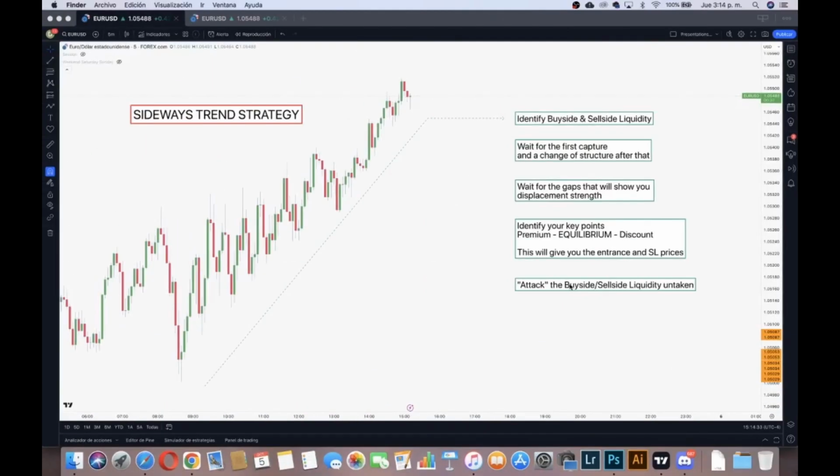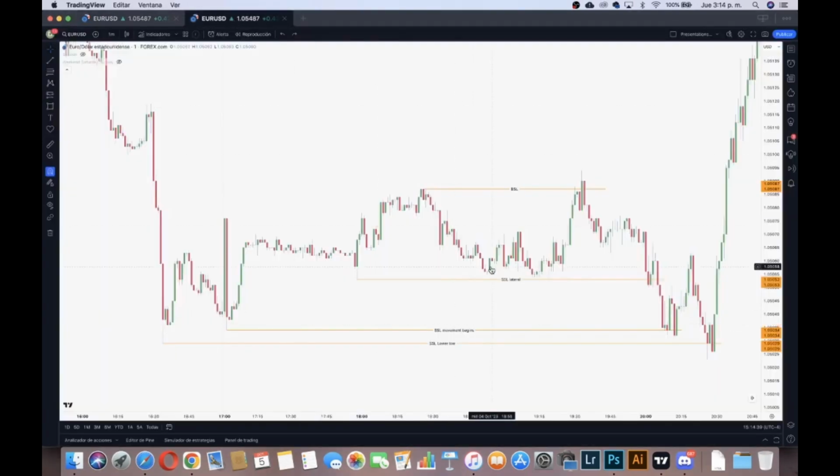First of all, we will need to identify buy side and sell side liquidity. And which are those? We can find them at our older swing highs and swing lows. Why will we be considering these as liquidity zones? Because, as you can see, most traders will see these as support and resistance points.